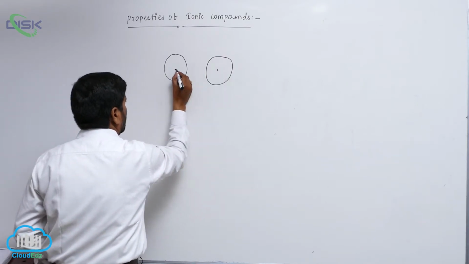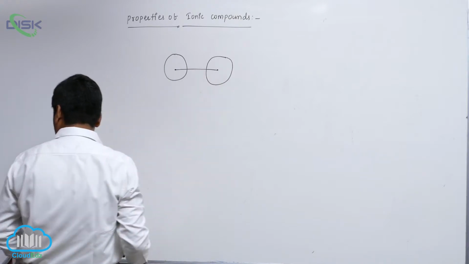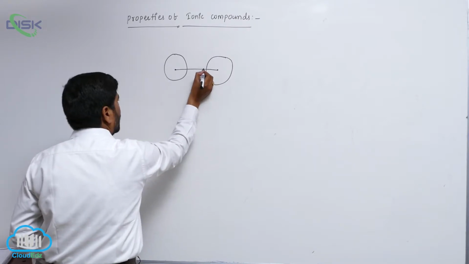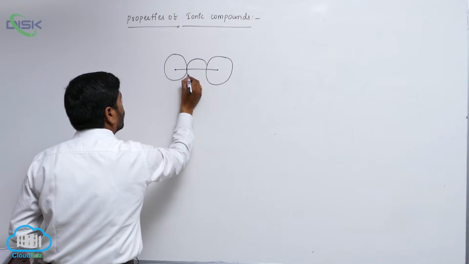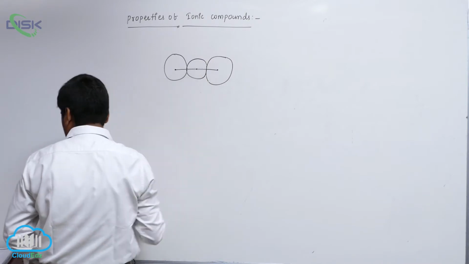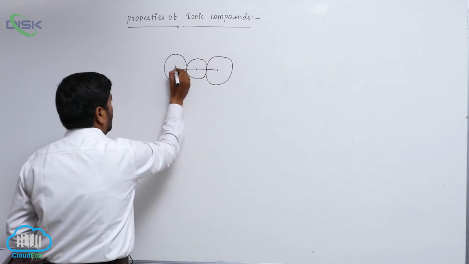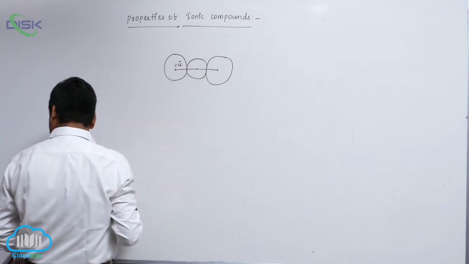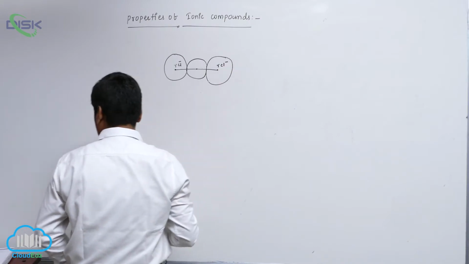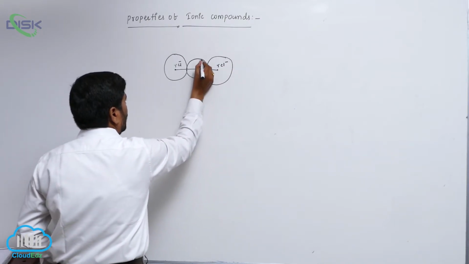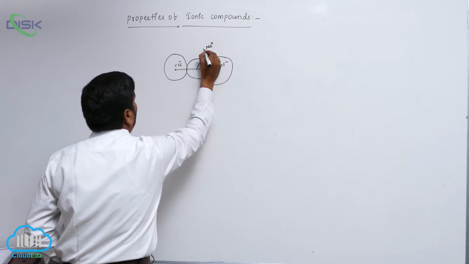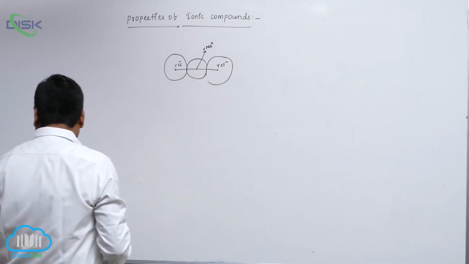It is also a center point. Between these, it is occupied by which one? This is half of the distance. So this is the radius of Cl minus. It is also the radius of Cl minus. Then this particular point is known as the radius of the cation.